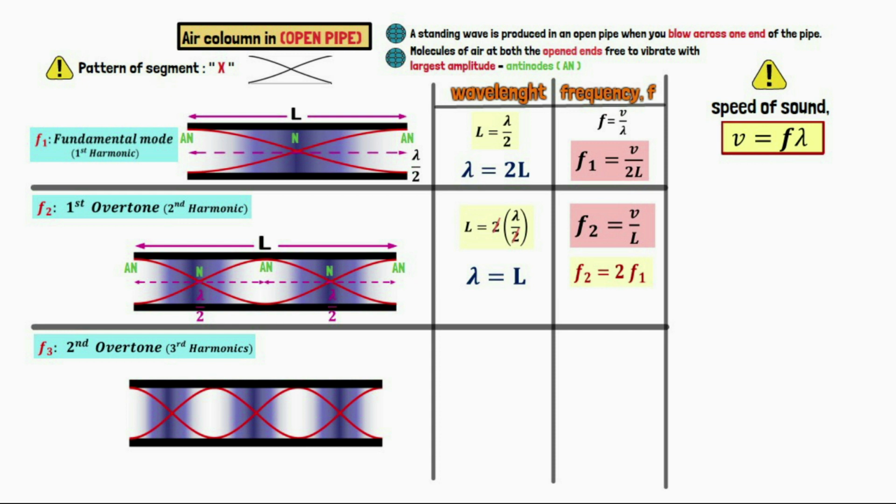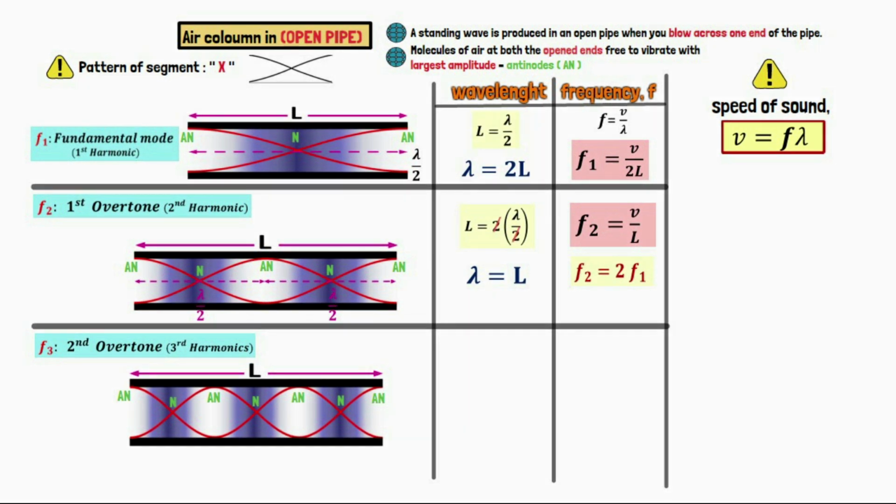So, bila kita nak lukis third harmonics, okay, kita mesti lukis 3 kali X. So, bila kita dah lukis 3 kali X, so we know already the pattern of the standing wave produced, kita boleh kira berapa banyak antinode or node in the standing wave for the third harmonics in open pipe. So, pastikan awak tahu untuk label dan pastikan bila label di hujung kedua-dua belah open pipe yang terbuka itu mesti antinode. Tidak boleh node. Okay?